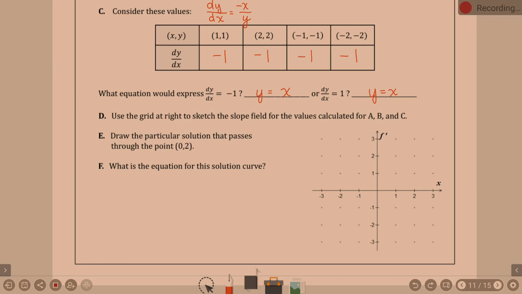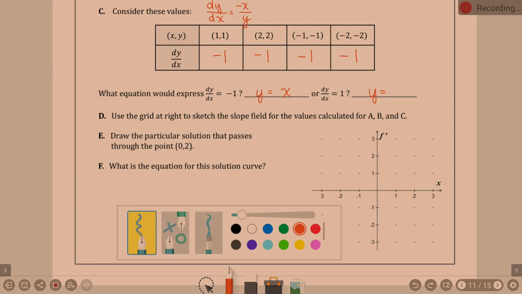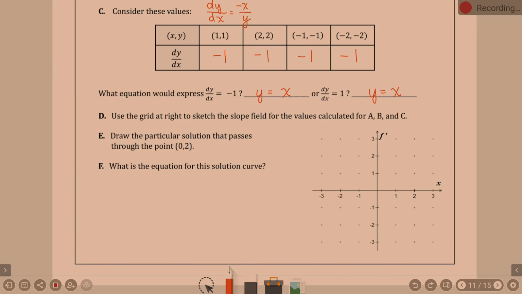Now wait, if we're using this scenario, generally speaking, if the slope equals -1, you would expect x and y to be opposites. But in this scenario, because there's a negative in the equation, they actually need to be the same sign.